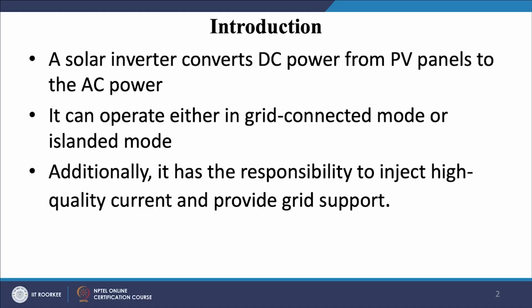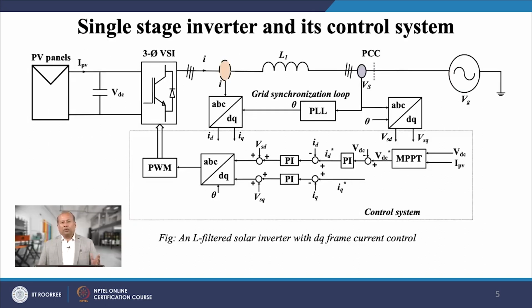As per the grid codes, the inverter operating in grid connected mode is expected to inject high quality currents, followed by providing grid support standards. Now, the hardware setup of a single stage inverter and its control system resembles the one in this schematic slide.